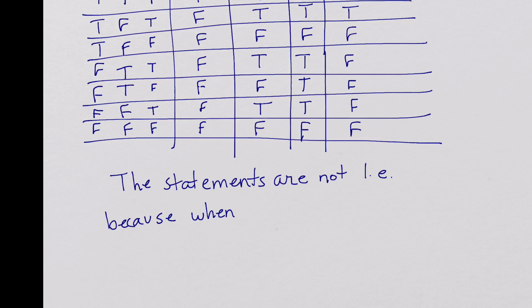So row 5, where P is false and Q and R are both true.